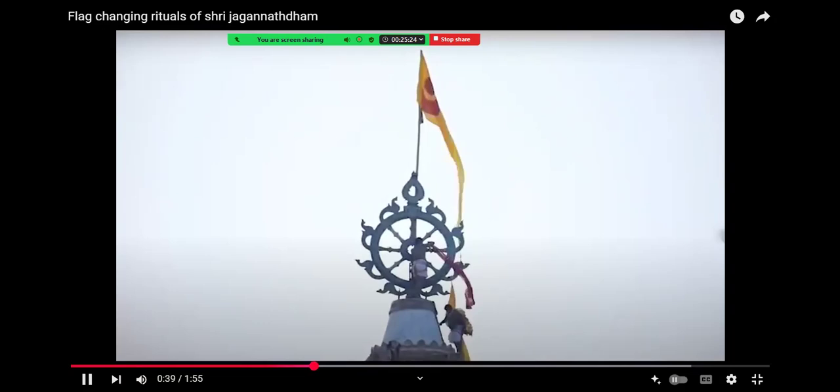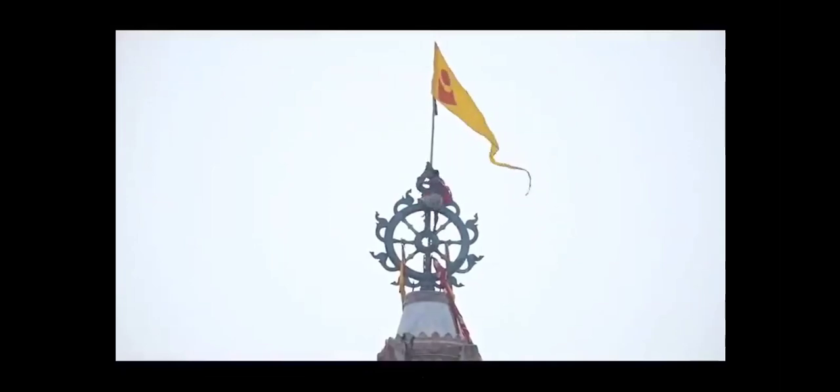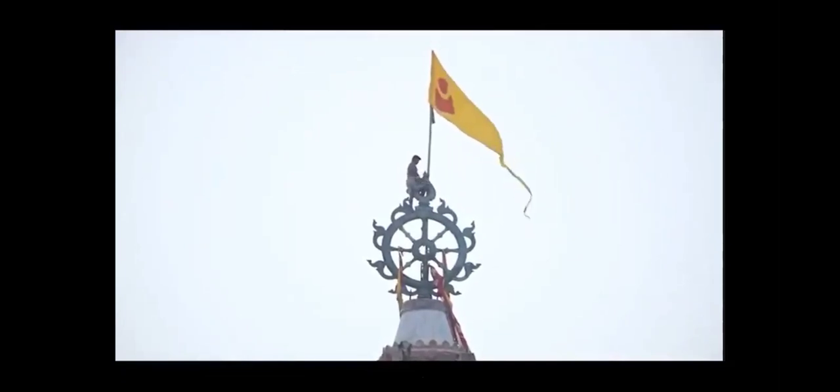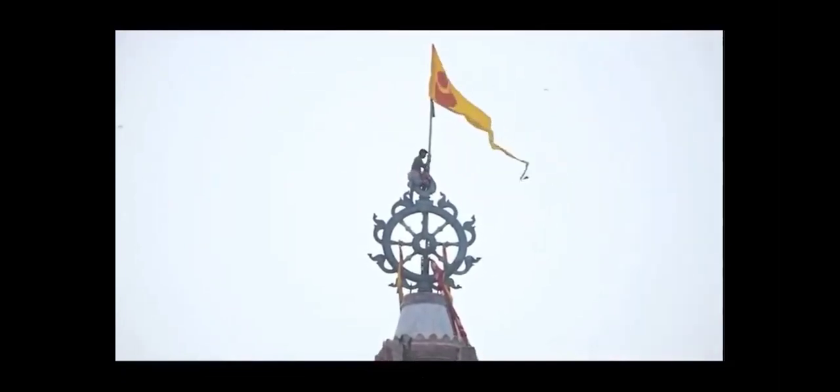So the devotee climbs up and removes the flag which is already there, and then changes this flag.